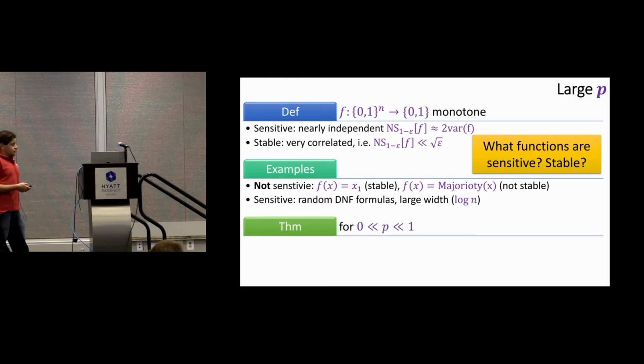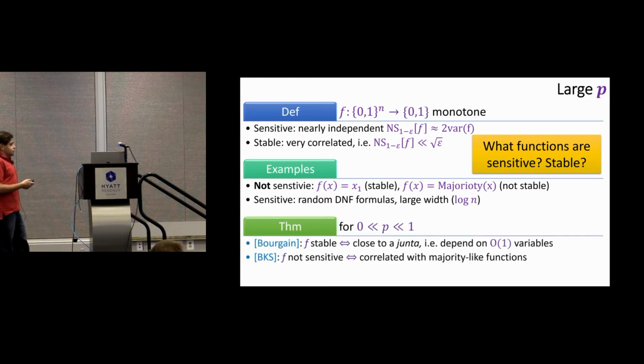So what are the results that I told you about? These are two results, one by Bourgain and one by Benjamini, Kalai and Schramm. Bourgain proved that as long as P is bounded away from 0 and 1, essentially all of the stable functions are functions that are obviously stable, in the sense that they only depend on constantly many variables. If your function depends on 2 variables, the probability to change one of them is at most twice epsilon.